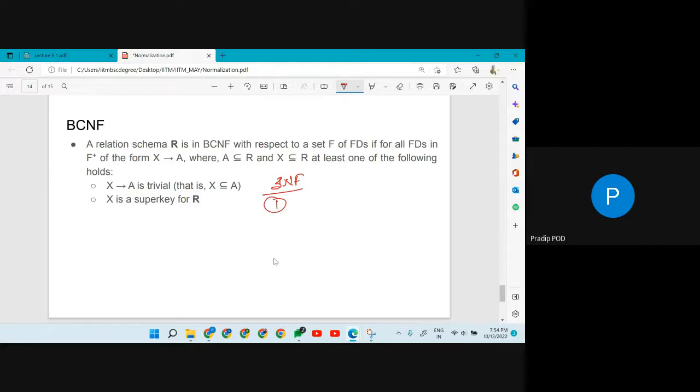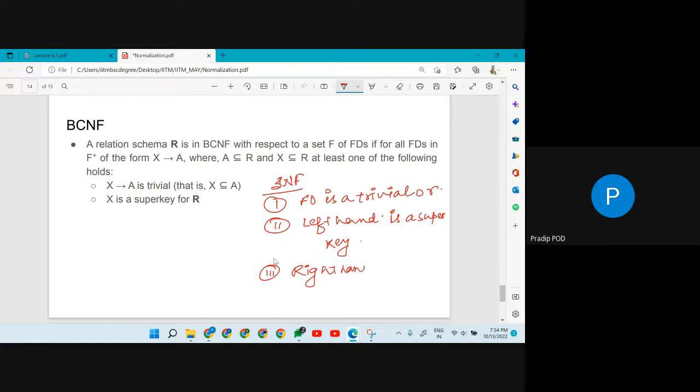First one is whether the functional dependency is a trivial functional dependency or not, or the left hand side is a super key or not, and the third condition is whether the right hand side is a prime attribute or not, right?